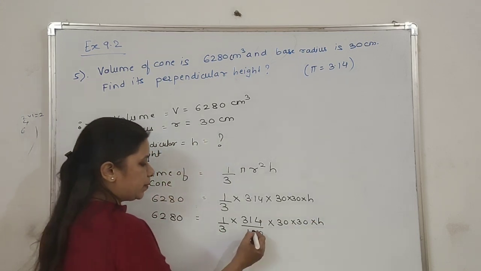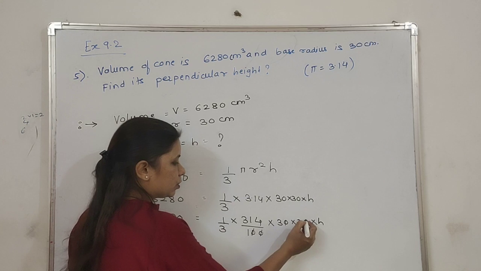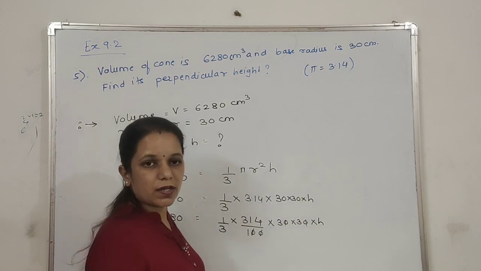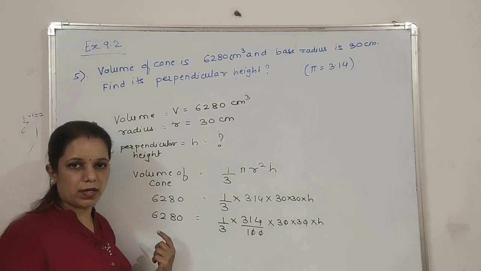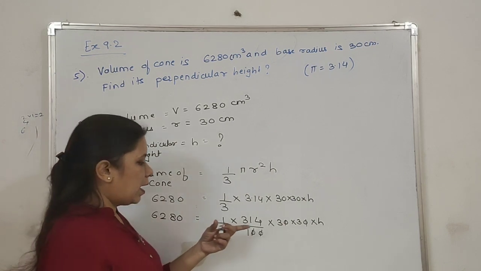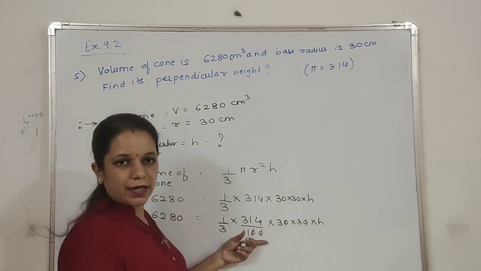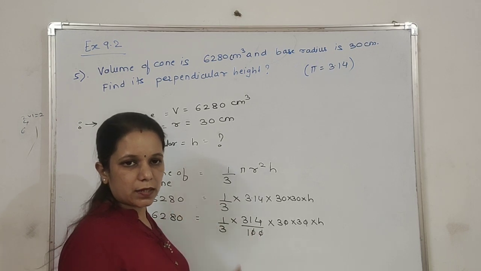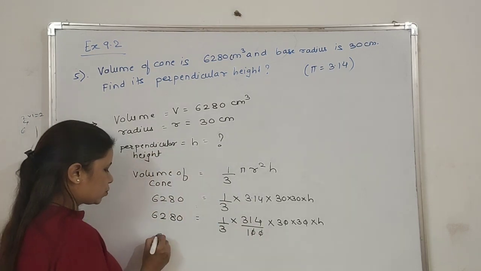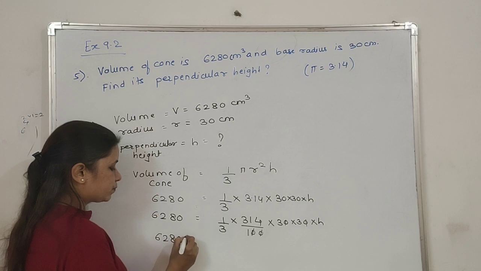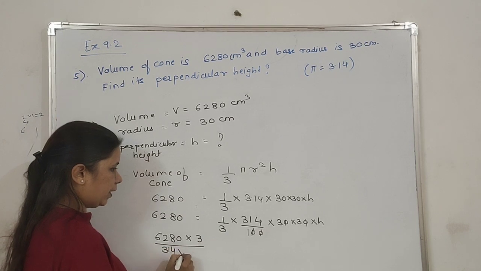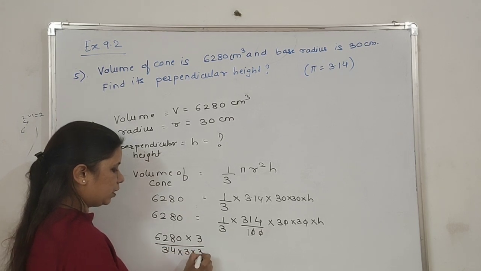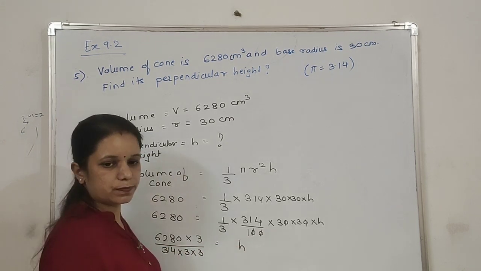Now the calculation is pretty simple. We will just cancel out these 2 zeros. Whatever is in the numerator will go in the denominator on left hand side, and the numbers in the denominator will go in the numerator on left hand side. So 6280 into 3 upon 314 into 3 into 3 equal to h.